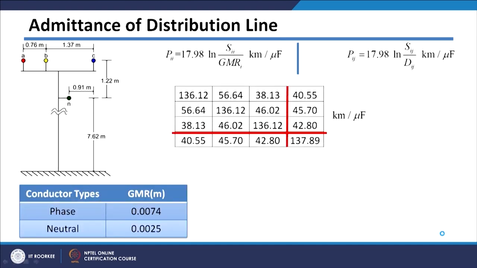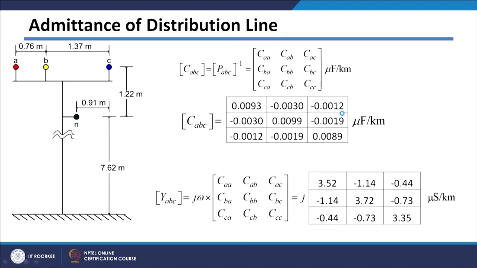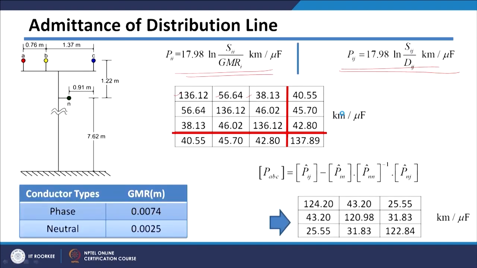Let us see how we get it. So, by using this equation I can get these potential coefficients I have calculated for these cases, and as you have seen, the unit of these potential coefficient matrix is kilometer per microfarad.